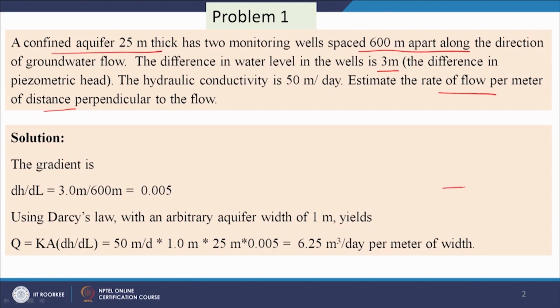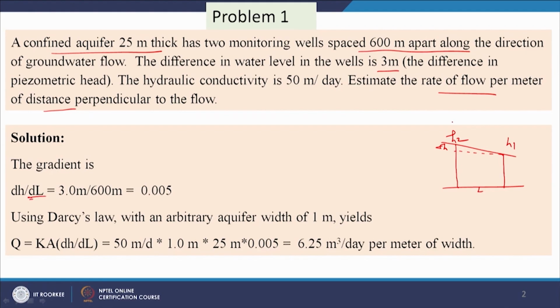So, if the datum line is here, with wells 1 and 2, this is our del H and this is our L. So, what is dH?